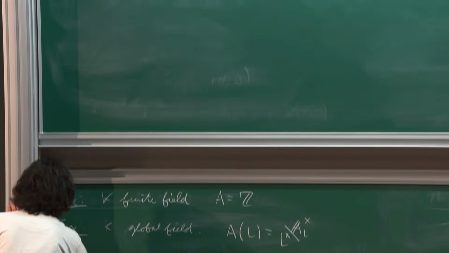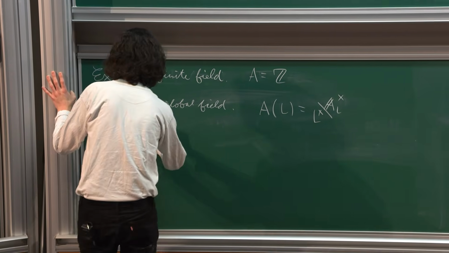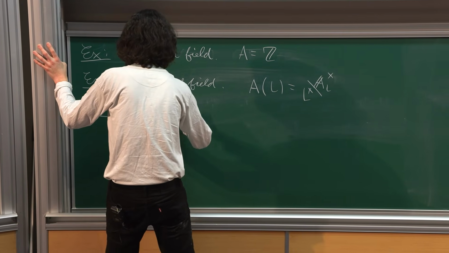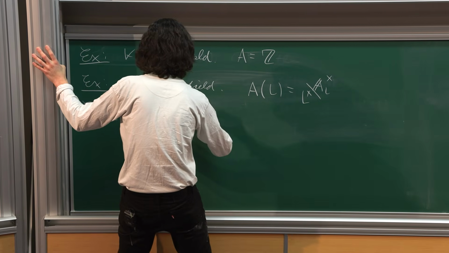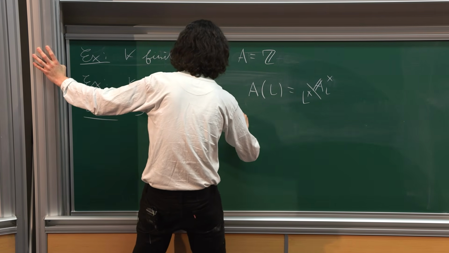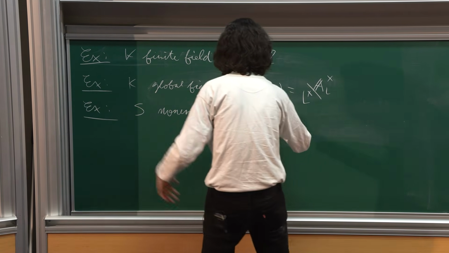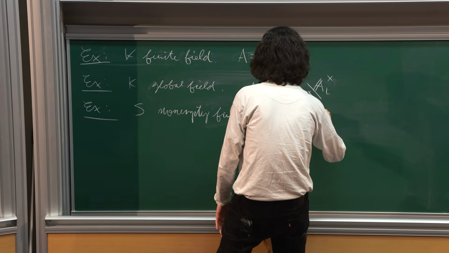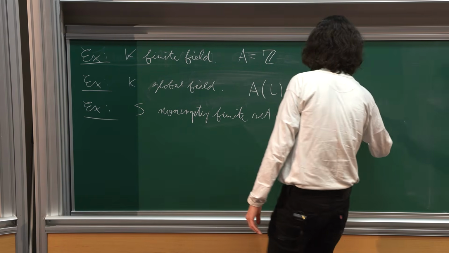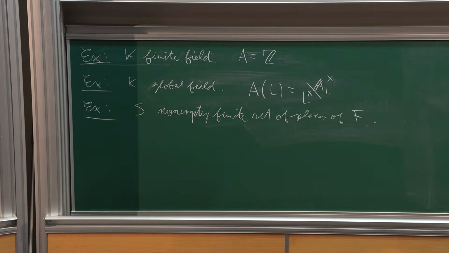There's a modification of this example that is useful. So let's say S is a non-empty finite set of places of F. Then I have to define for you the Galois category.